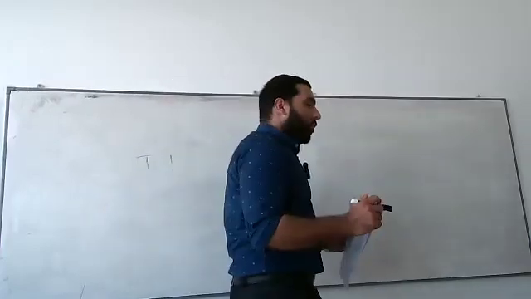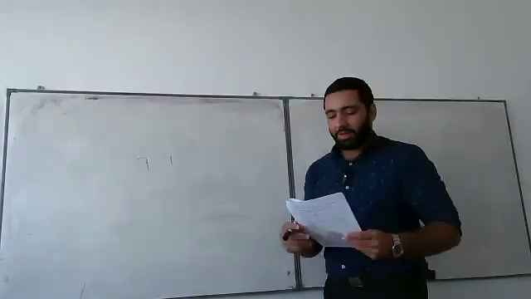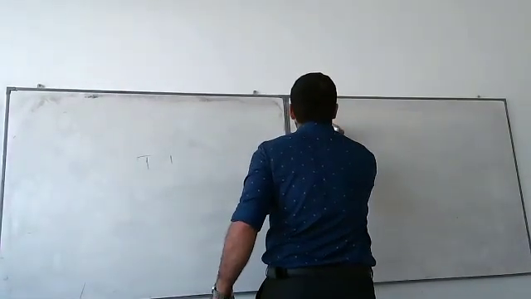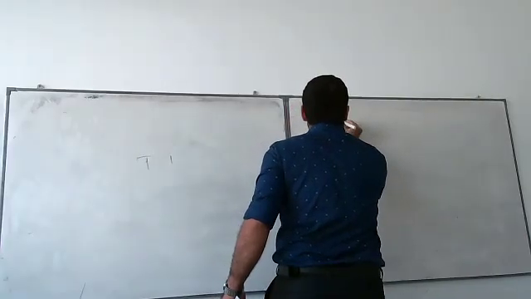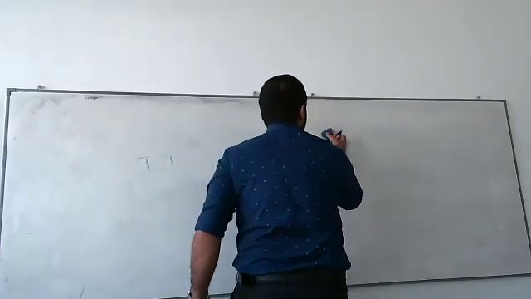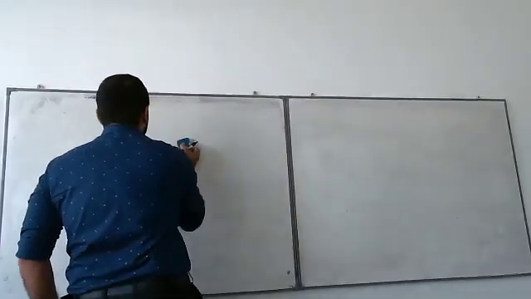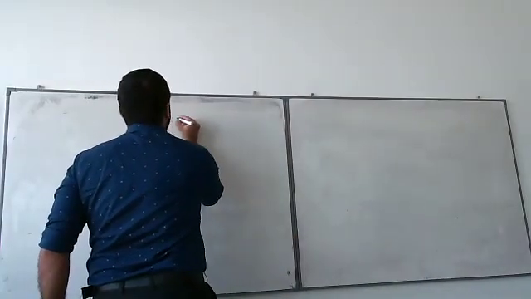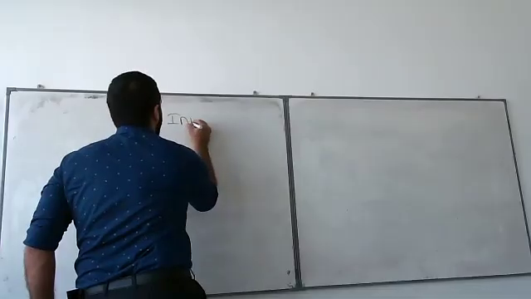We learned this in the last class as well. For these inputs, you don't need to write anything. Just keep an eye on me so that everything would be crystal clear.